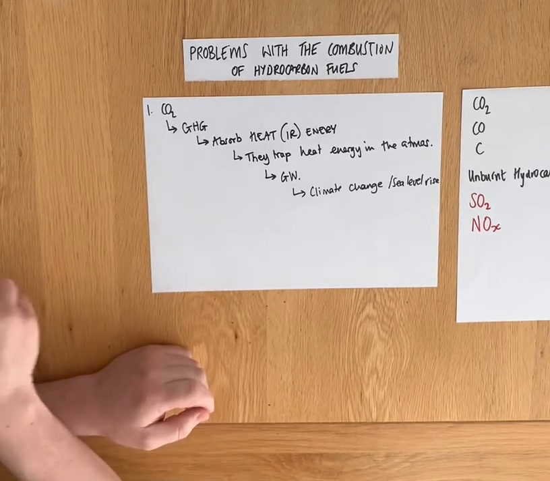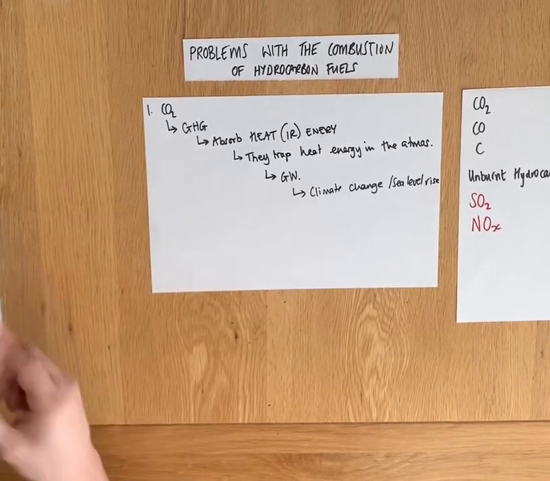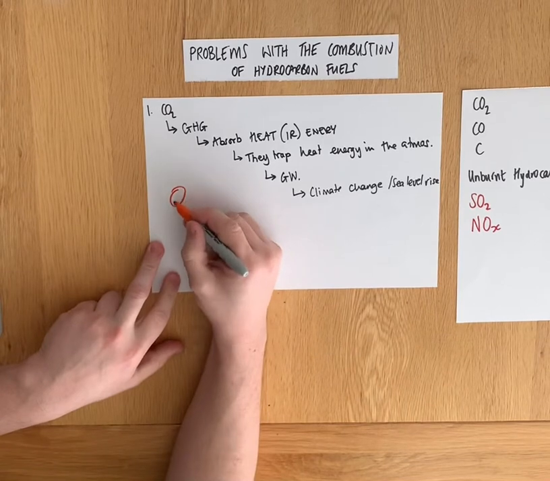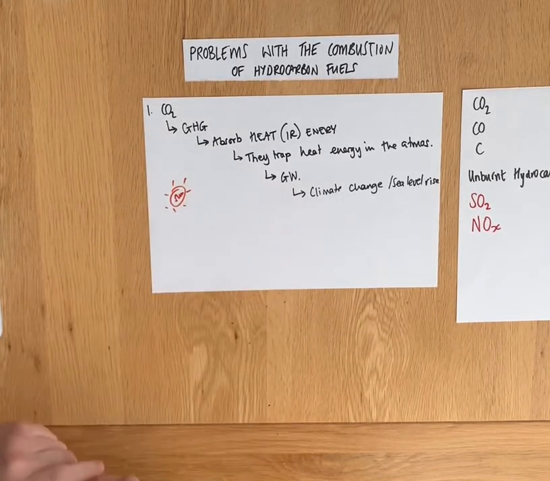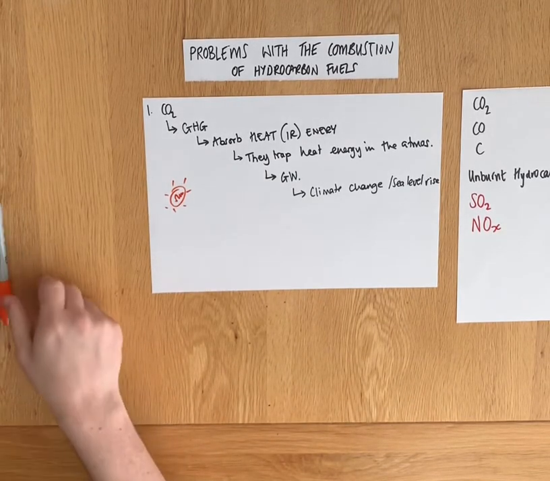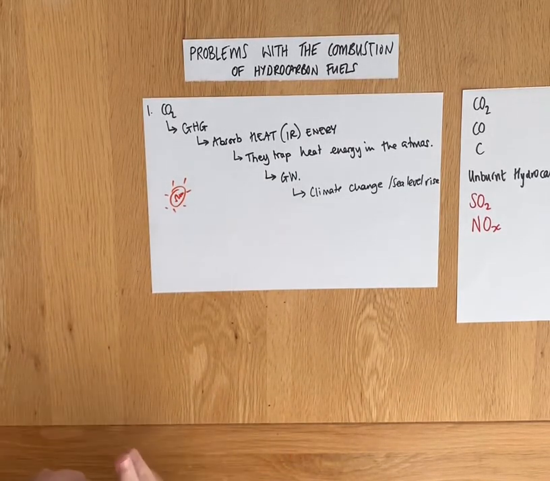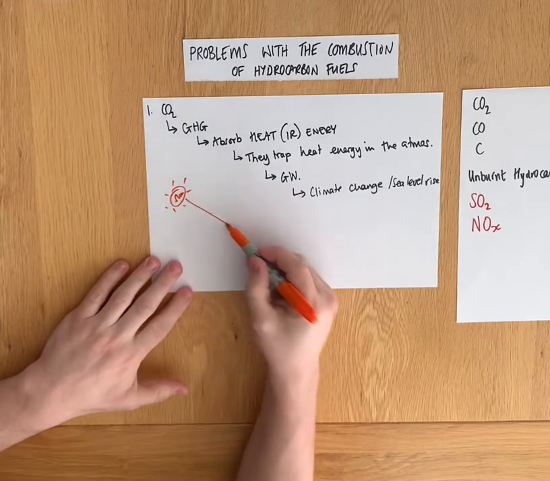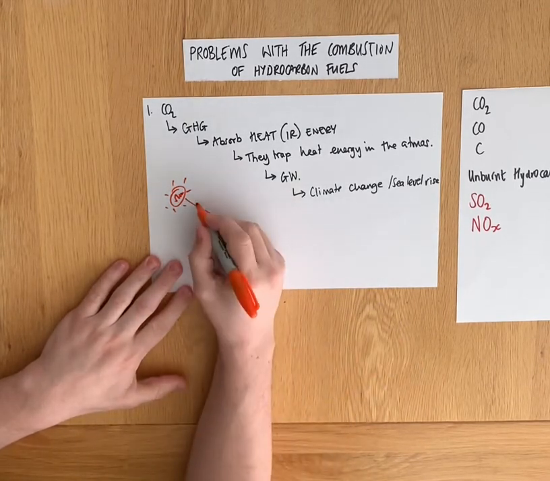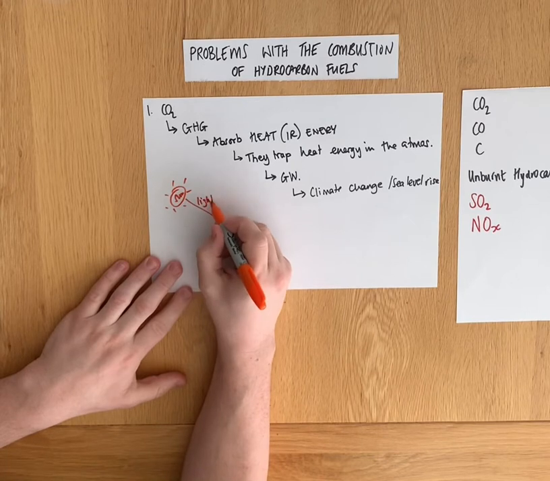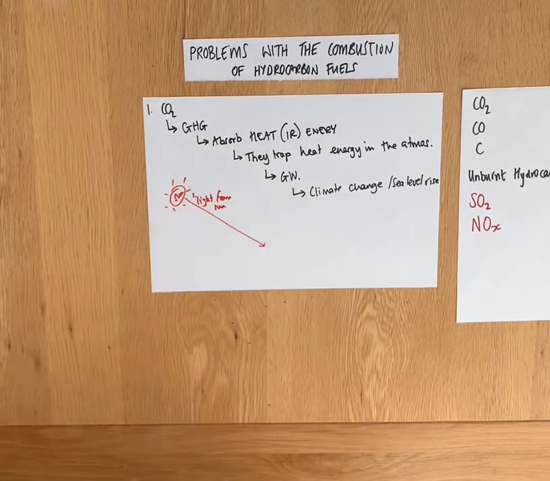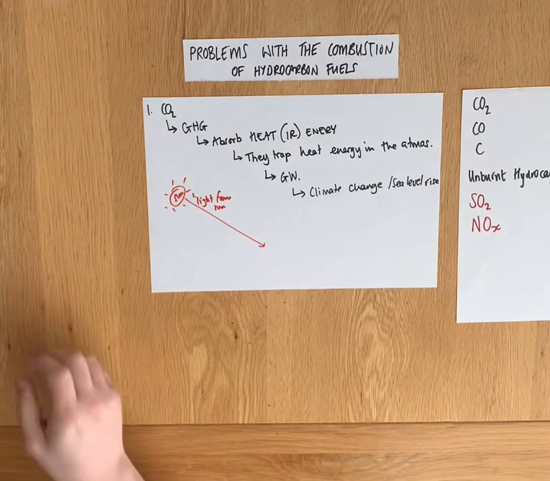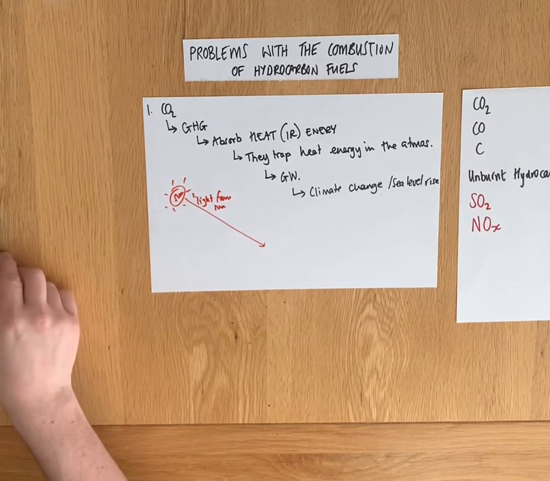A little bit extra on this, I'll do a little diagram. There's the sun. The sun emits, gives out lots of light energy, its visible light in particular, so the light from the sun travels from the sun through the vacuum of space to the planet Earth.